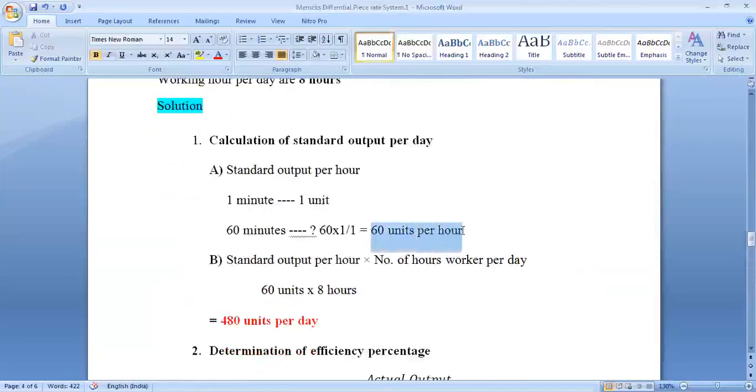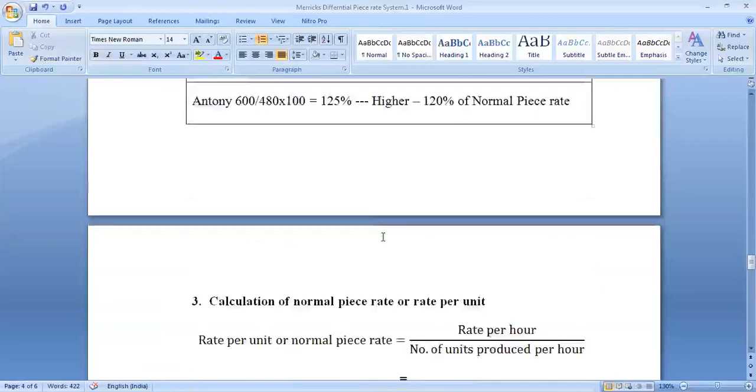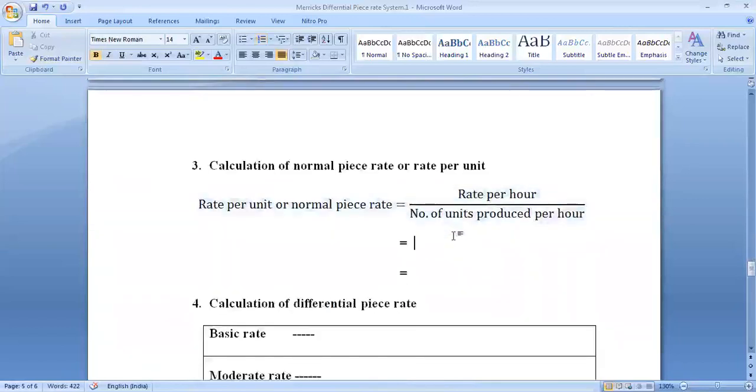We calculated this in step 1, step A, and the answer will be used in step 3. So the rate per hour is 5.40, divided by the number of units produced per hour, which is 60 units. That will become 0.09, rupees paise.